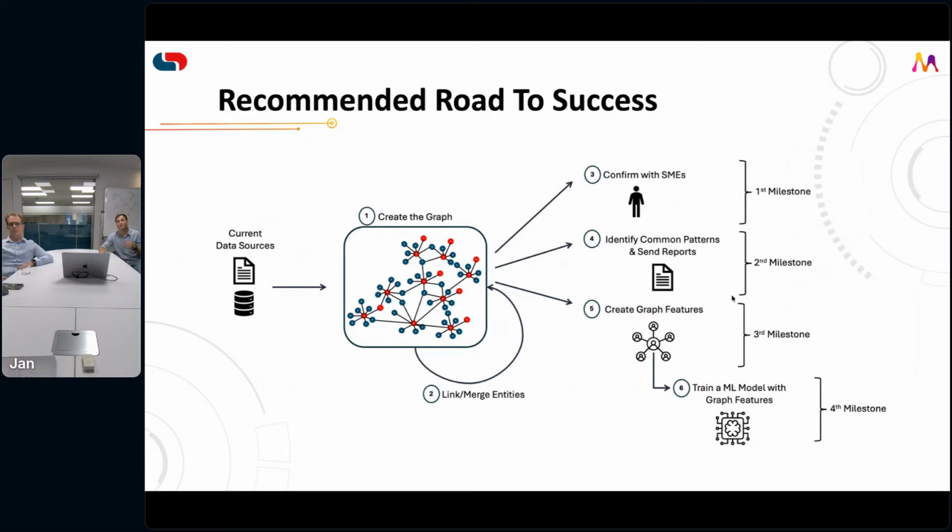This is quite a great achievement, but we want to expand our horizons. Looking at the next point, this is where we started creating graph features. As I mentioned, by using Memgraph's visualization tool in Memgraph Lab, you can explore interesting patterns, which you can then use to create new graph features.